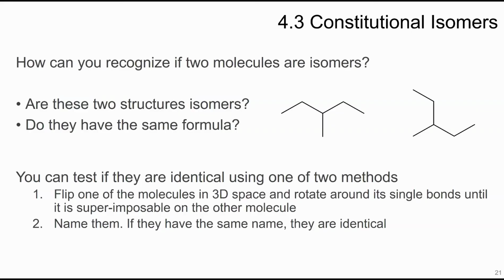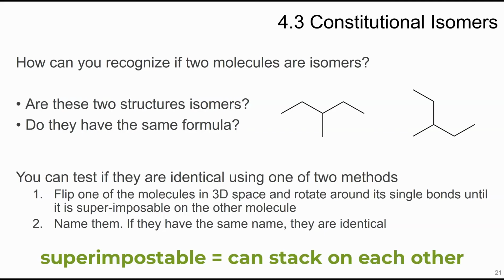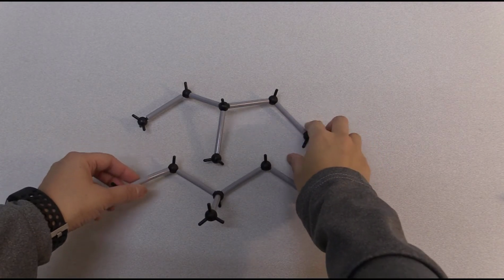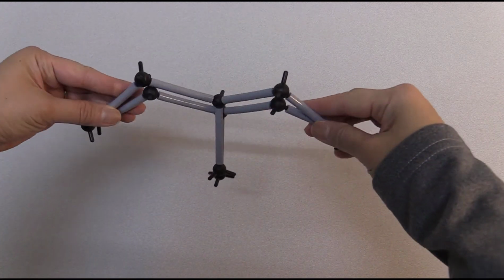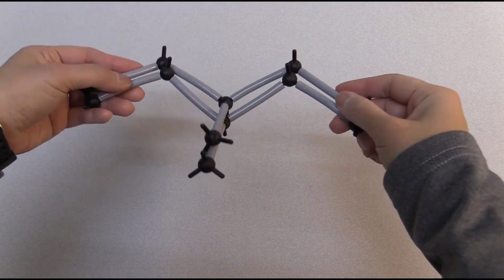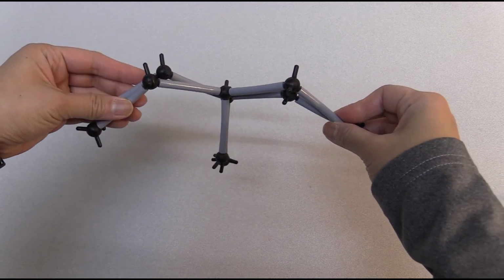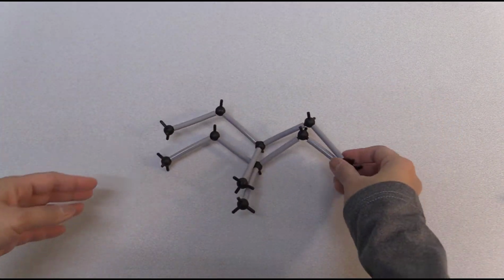Those are identical. So one way is to rotate the bonds in 3D space around each other until they are superimposable on the other molecule. Superimposable means I can stack them together and they are identical. So I can put them on top of each other. So those are the same molecule.